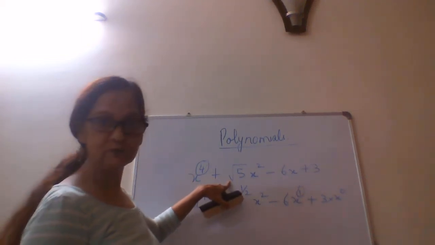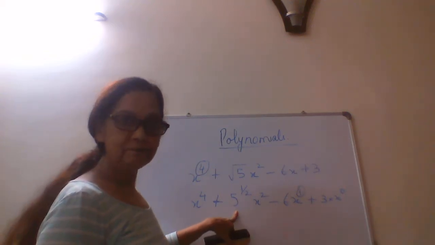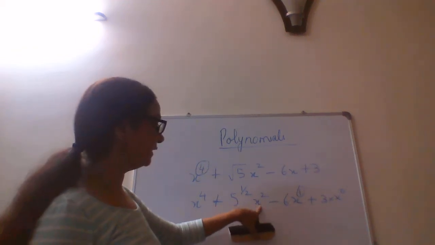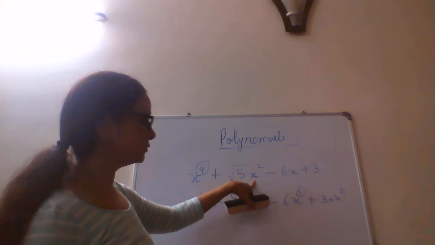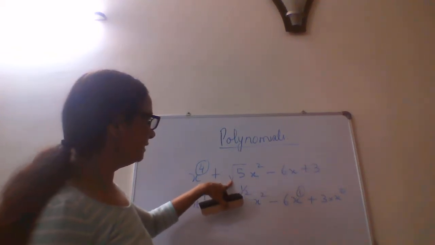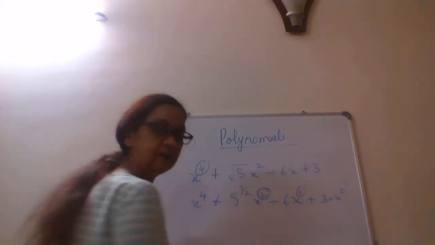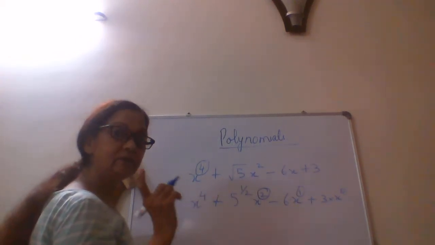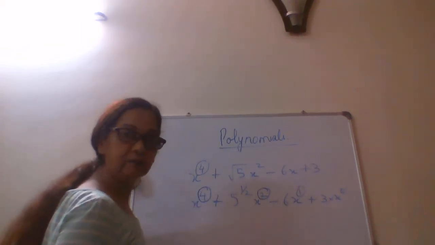So don't get confused. If the constant is not a whole number, it will still be considered a polynomial if the power of x is a whole number. So under root 5 x square: under root 5 is 1 upon 2, but the power of x is a whole number. So we are going to consider only the variable x and whether its power is a whole number.